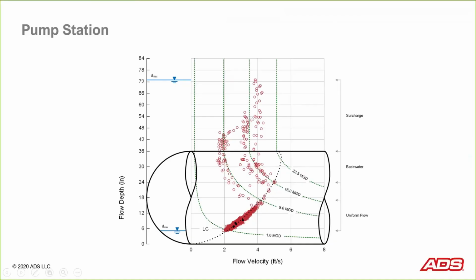And then what will happen is this will continue to climb. As the flow rate drops, the pump is still pumping at the same rate, so it will eventually draw this flow down at 16 MGD and back to the pipe curve, or this Manning curve. And then it'll continue to drop here as the flow rate decreases, and it'll operate back in here.